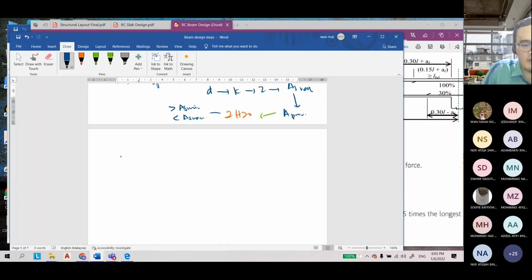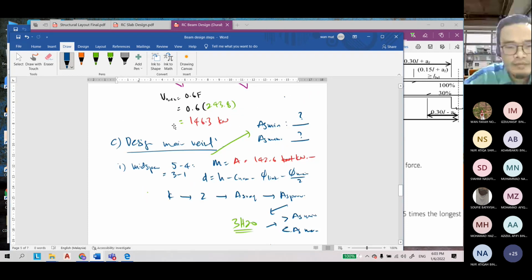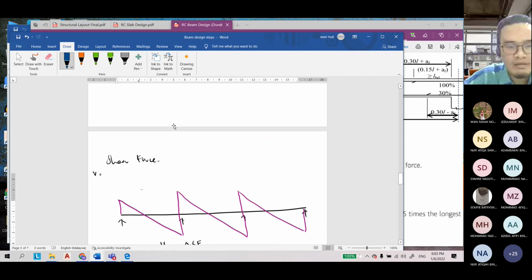Simple calculations. Support B, B pula, 4. Okay. Support 4 sama dengan 3. So the bending moment is equal to, okay, I see here 174.3.